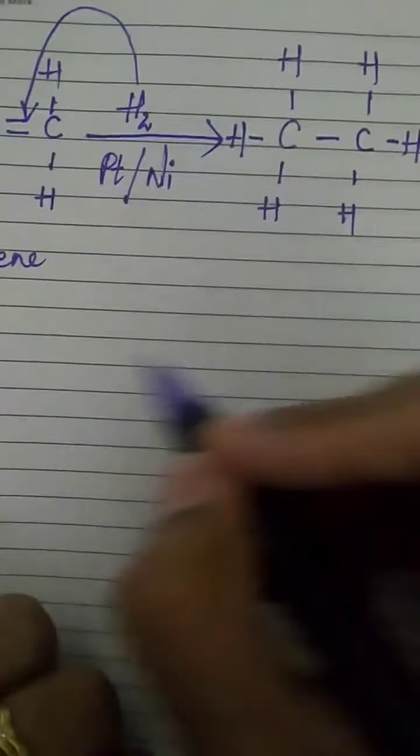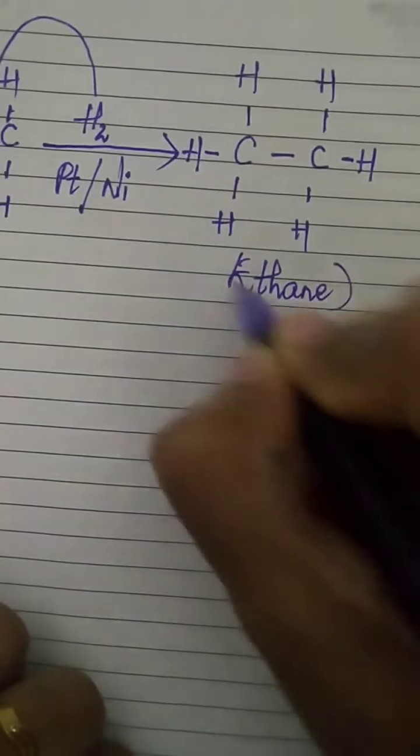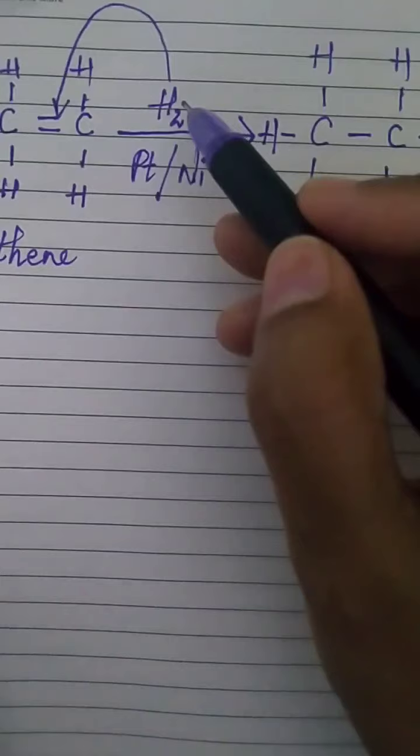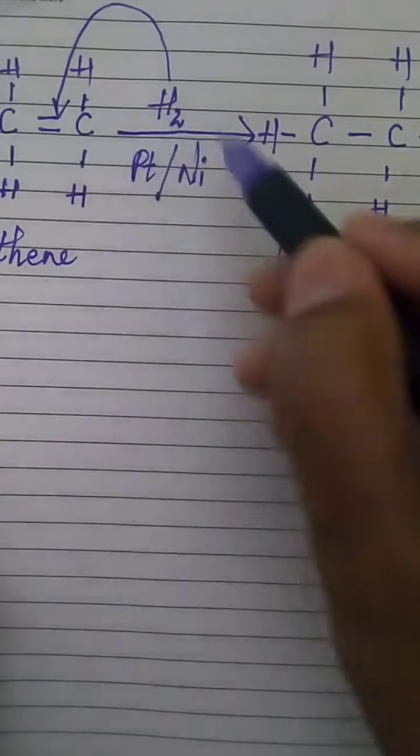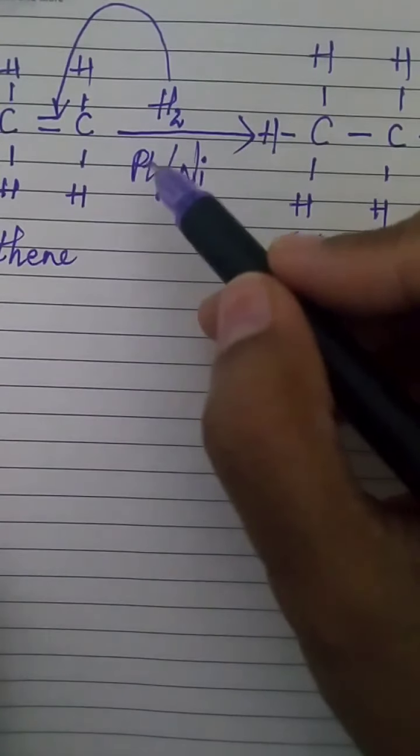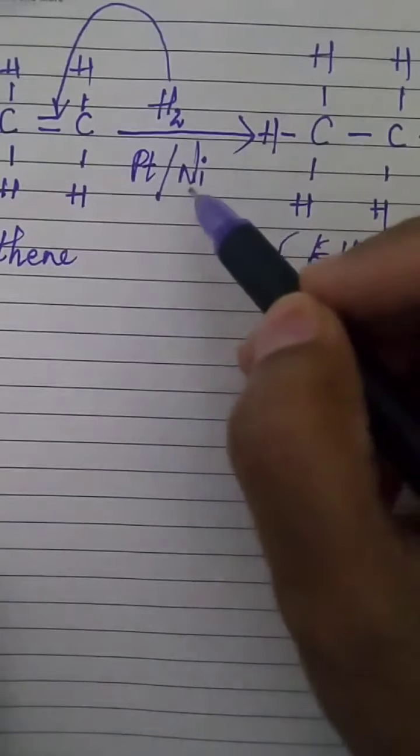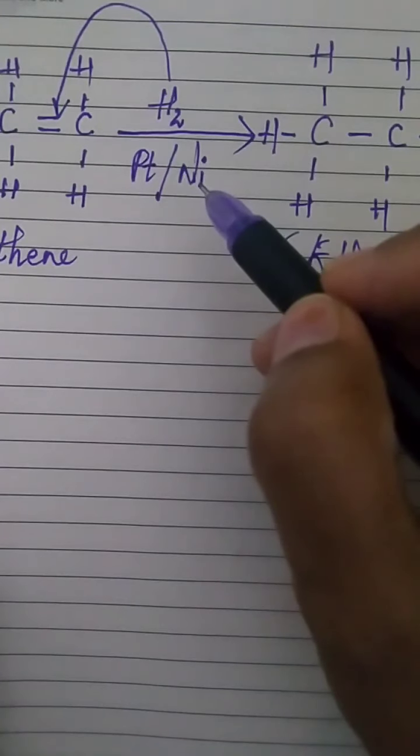So our need is also fulfilled. Unsaturated ethene became ethane, and it happened in the presence of hydrogen, and the catalyst is very important here, platinum or nickel. Any one is enough.